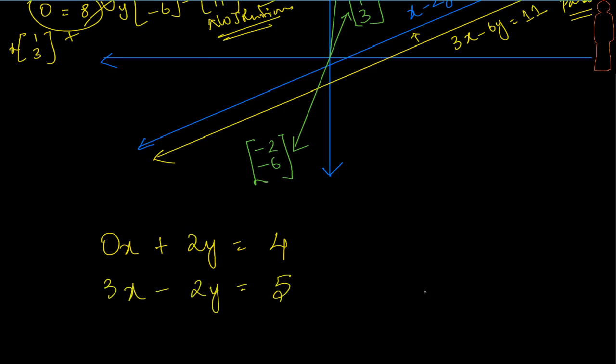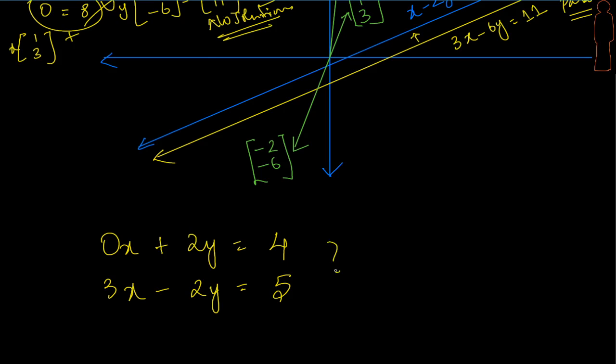Suppose we have this set of equations and we are asked to do elimination. The first thing that must strike us is there is no pivot. Our elimination strategy as an algorithm is to somehow eliminate this 3, and if we try to compute the multiplier, it's going to be this coefficient divided by the pivot, and there is no pivot, and now you see this problem, right?